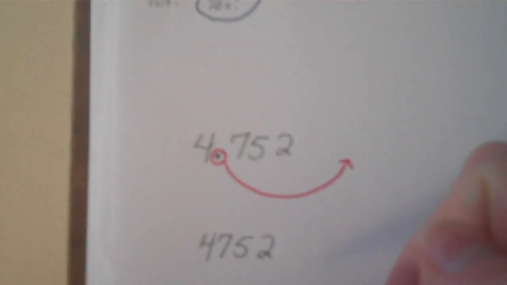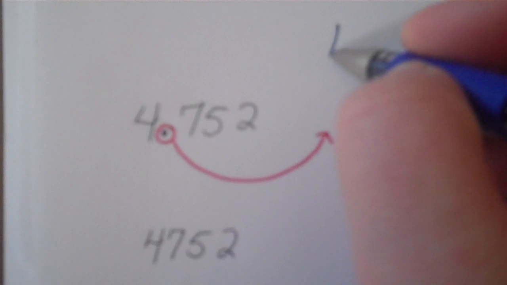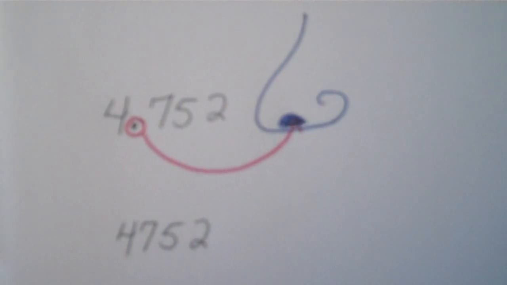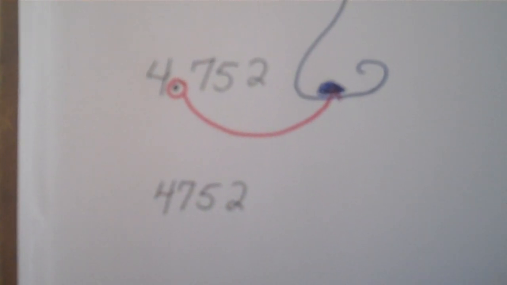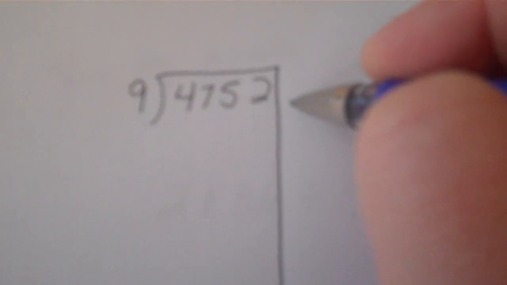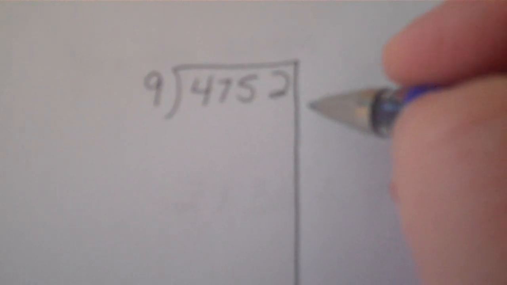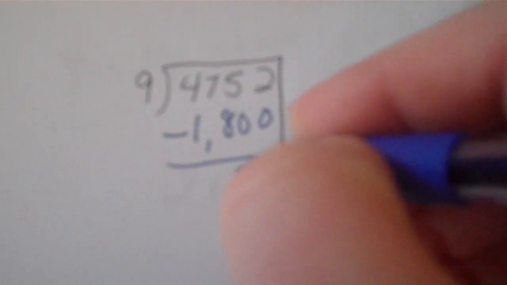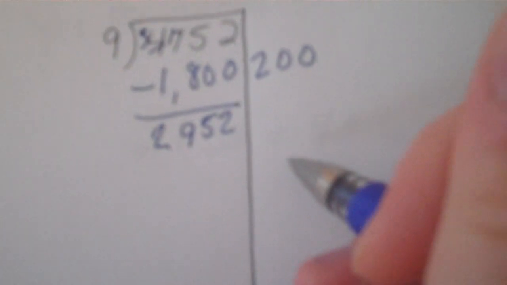Step 2, put the decimal up my nose and divide 4,752 by 9. Here we go. I know 100 nines would be 900, so I know there's at least 200 nines. That's 1,800. 2,952.